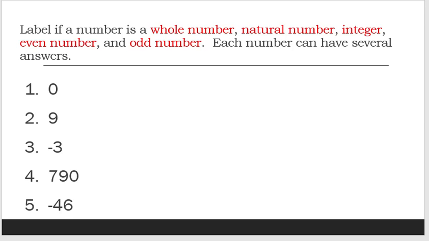Label if a number is a whole number, natural number, integer, even number, and odd number. Each number can have several answers. Number 1, 0. Number 2, 9.